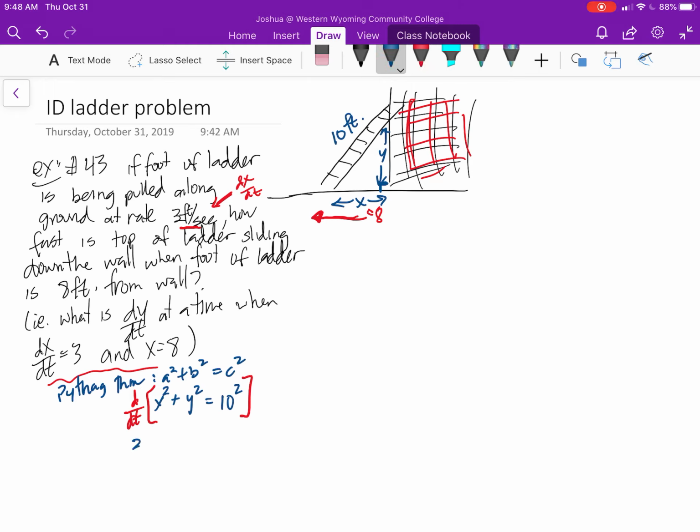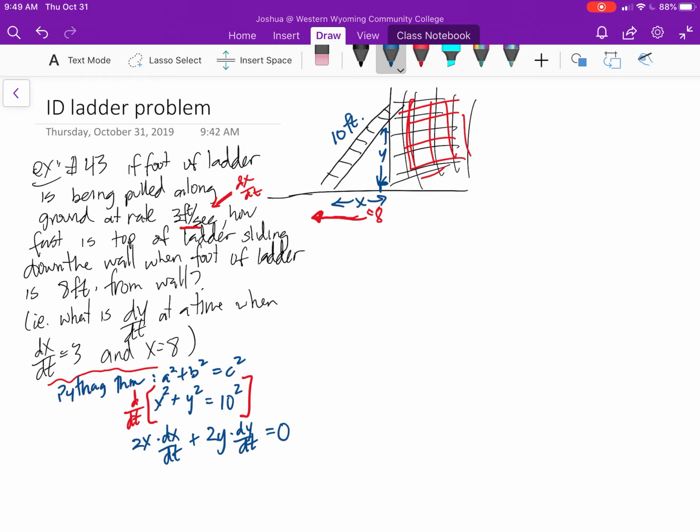So, derivative of x squared, 2x, but variables don't match, so dx/dt. y squared is 2y, variables don't match, dy/dt. Derivative of 100, still 0. Doesn't matter if it's 10 squared or not. You don't bring down the 2 and say 2 times 10. It's constant. Derivative of any constant, 0.